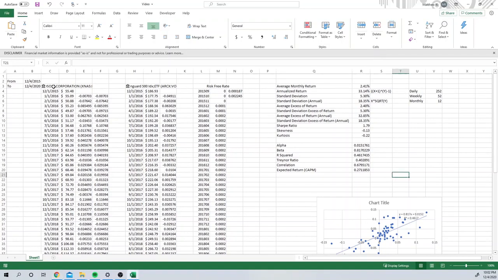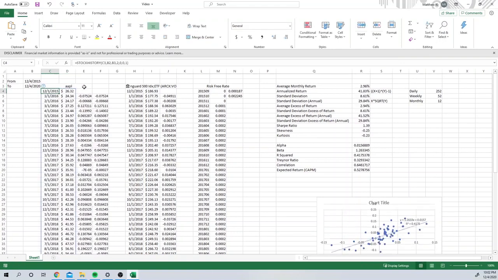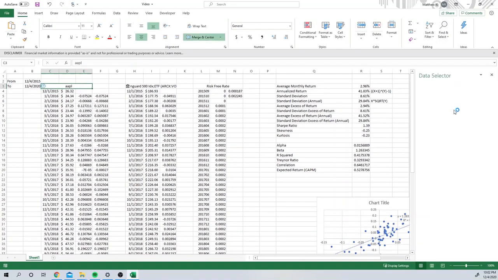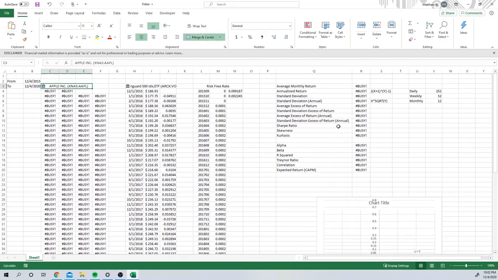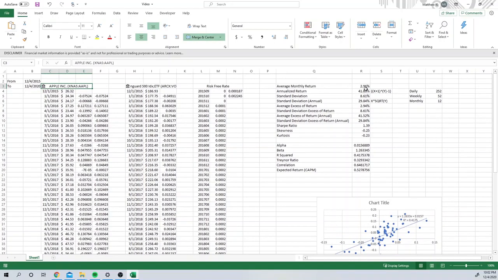So now the beauty of it is, what if we want to compare it to Apple, right? Just save a mental note of what this was. Apple. All right, so we can see Apple has a higher return over the last 5 years. It has a higher standard deviation, so it should have a lower Sharpe.